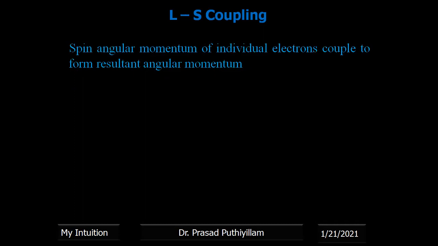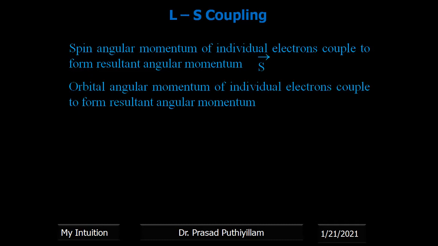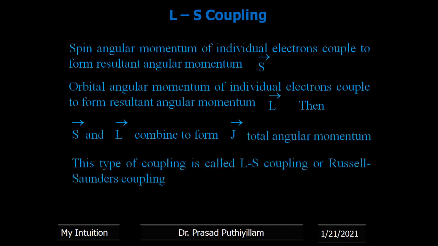The spin angular momenta of individual electrons couple, or combine, or interact, to form the resultant spin angular momentum, which is represented as S. That is a vector representation. The orbital angular momenta of individual electrons couple to form the resultant orbital angular momentum, represented as L. Then S and L couple or combine to form the LS coupling term, represented as J, which is the total angular momentum.